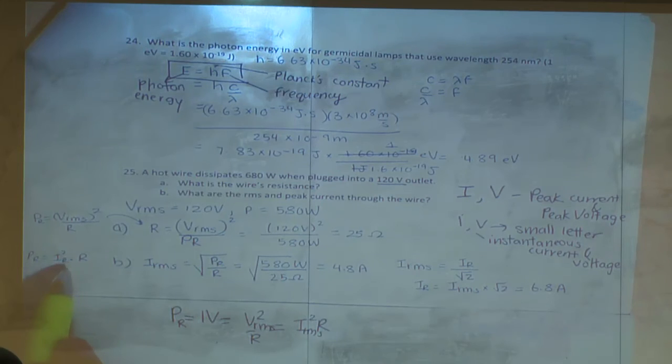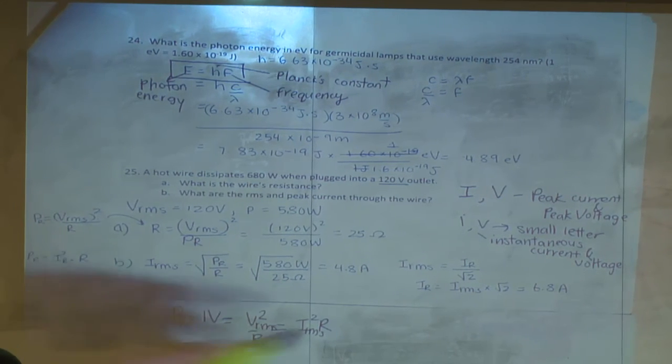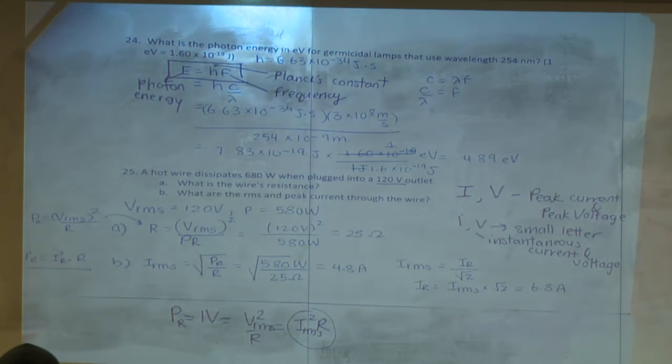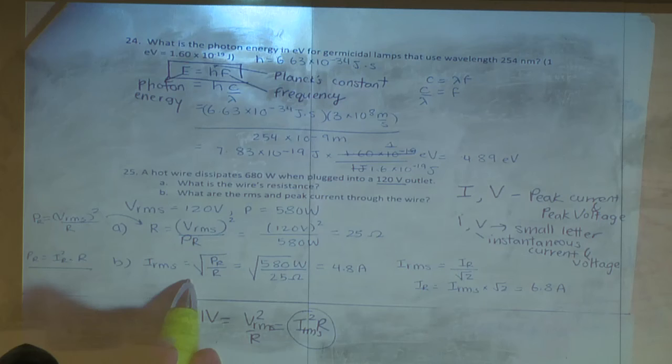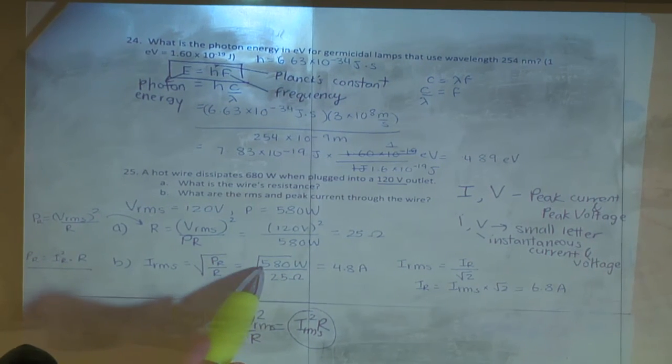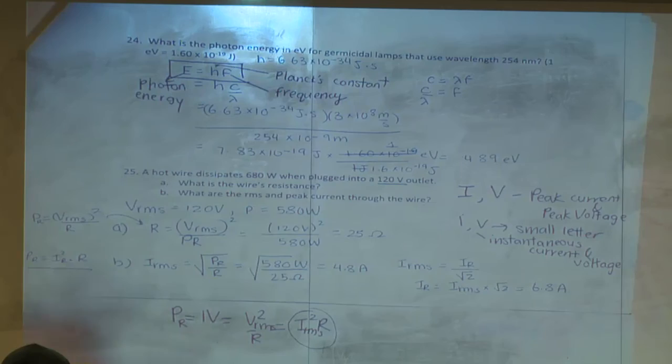So for the second part, we're going to be using this part right here of the formula, right? Since it's squared, we have to take a square root in order to figure out the current at RMS. So it would be the square root of 580 watts. Why did I put 580? It's 680.